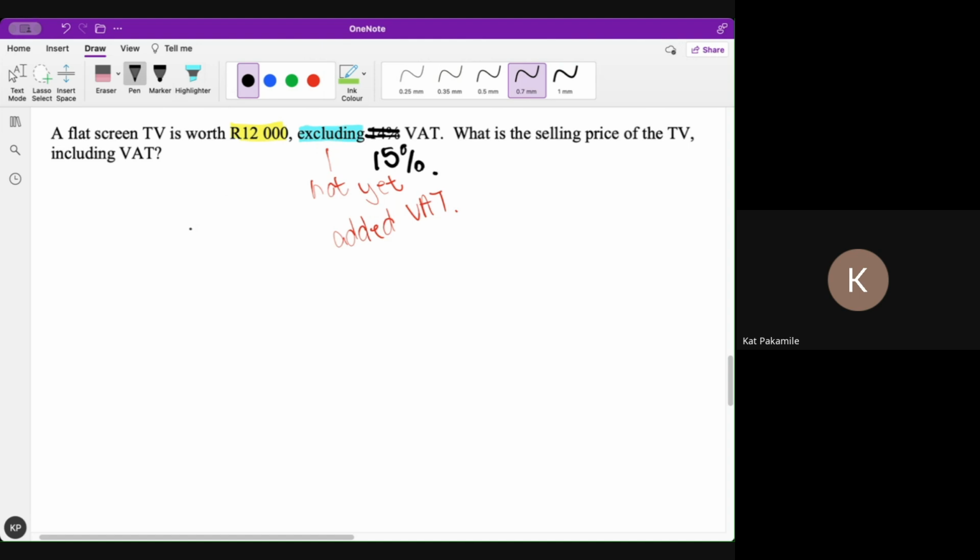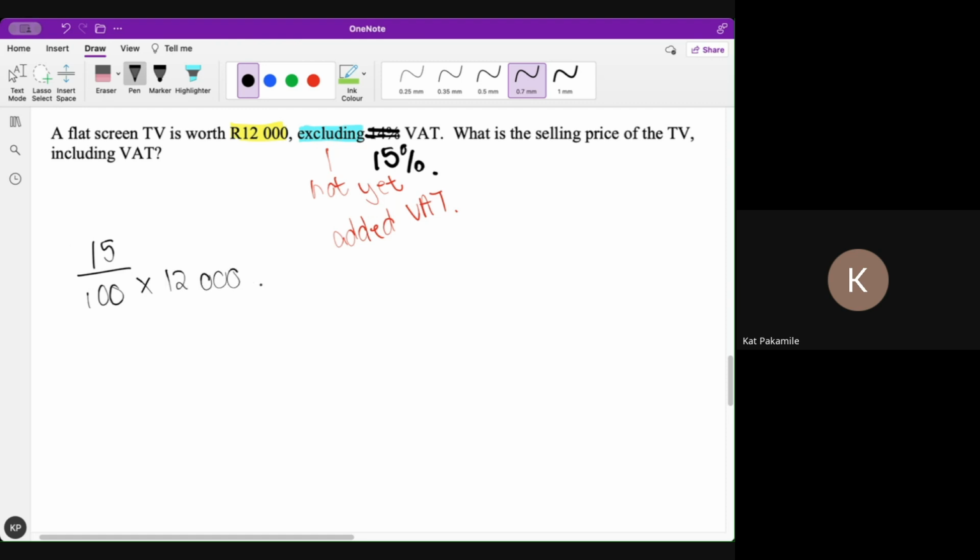Okay. Now let's see. How are we going to work this out, guys? Firstly, we need the VAT amount. How are we going to find the VAT amount? Thank you. 15% off 12,000 rands, because that's what VAT is. So that's 15% of 12,000.